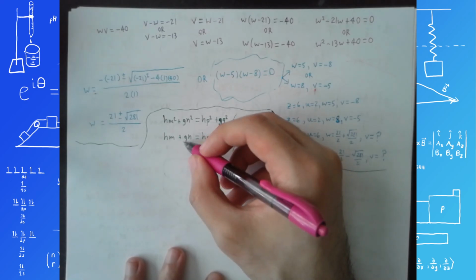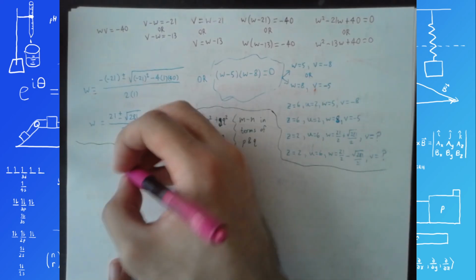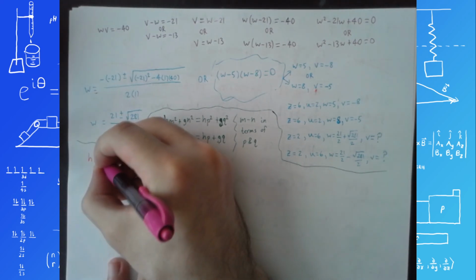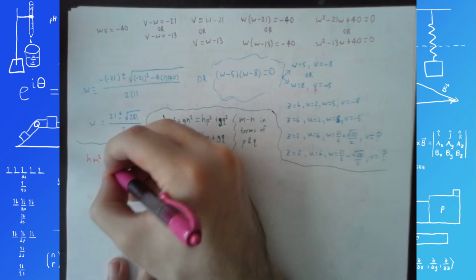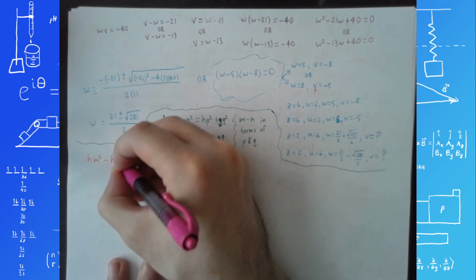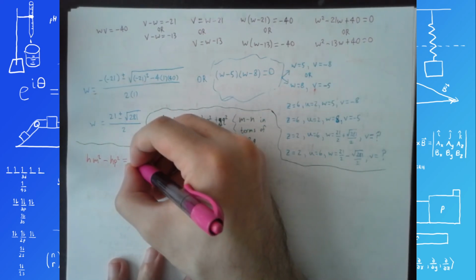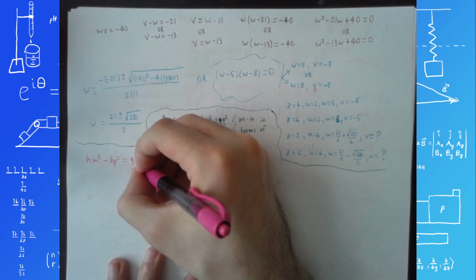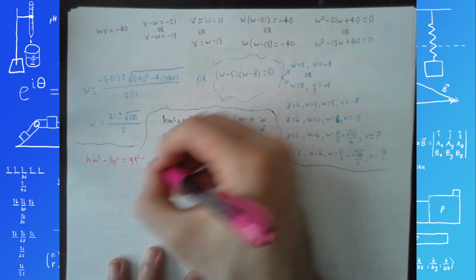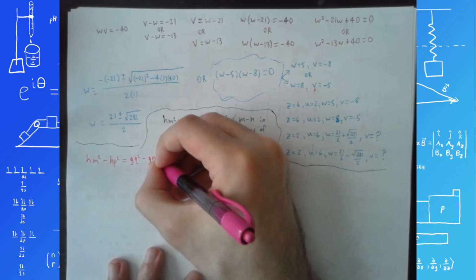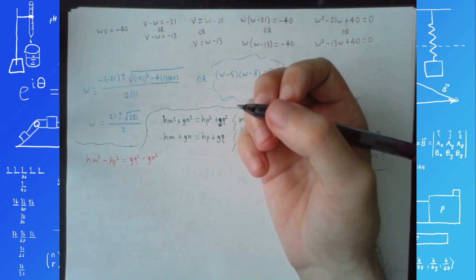Subtract hp to the left and subtract gn to the right. So I'm going to get hm squared minus hp squared equals, and over here I'm still going to have gq squared minus gn squared.